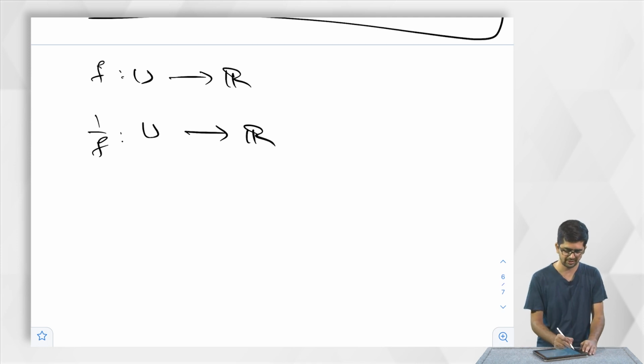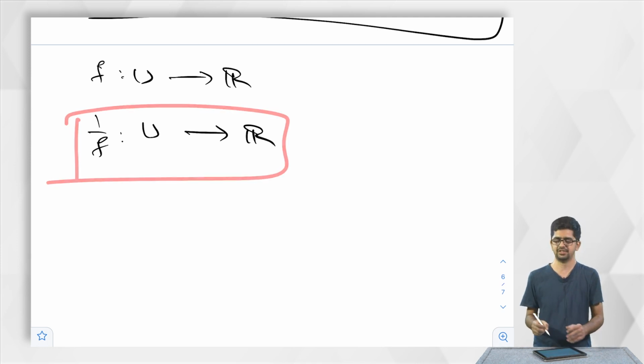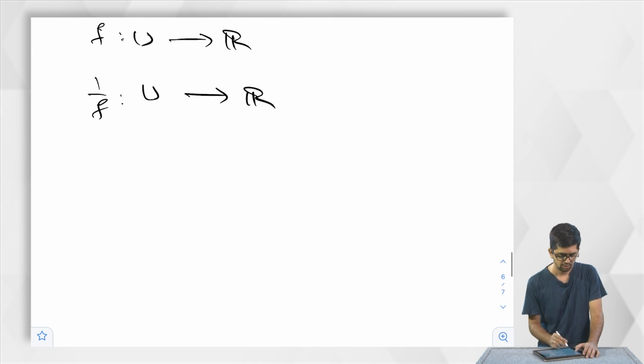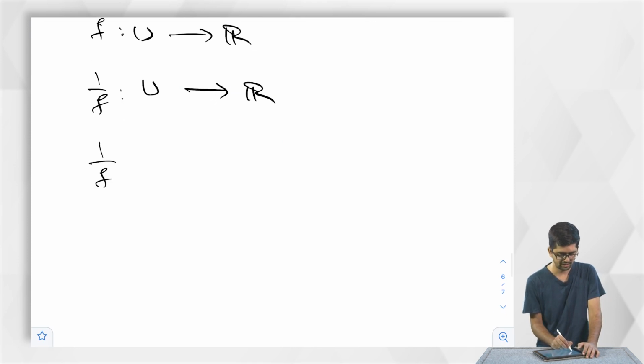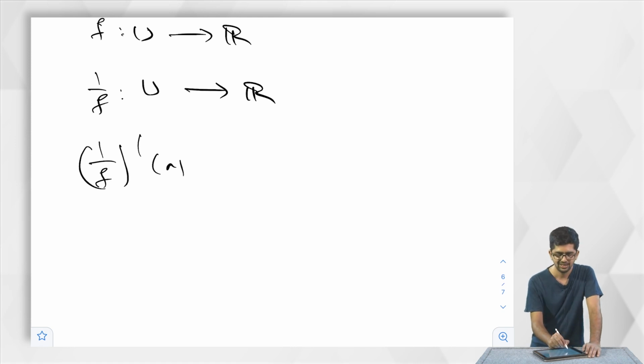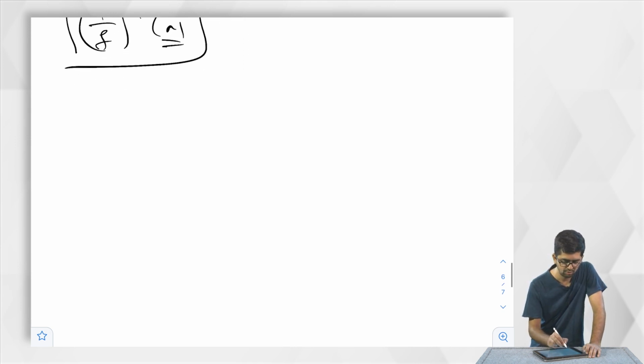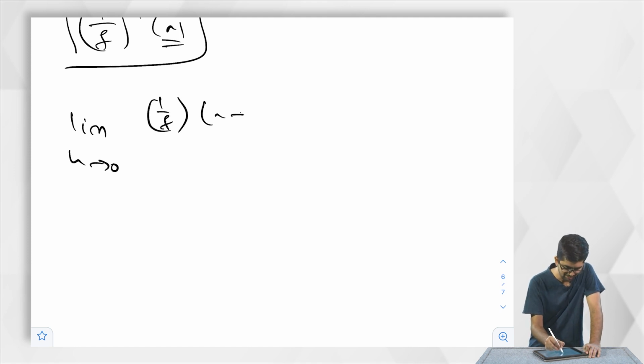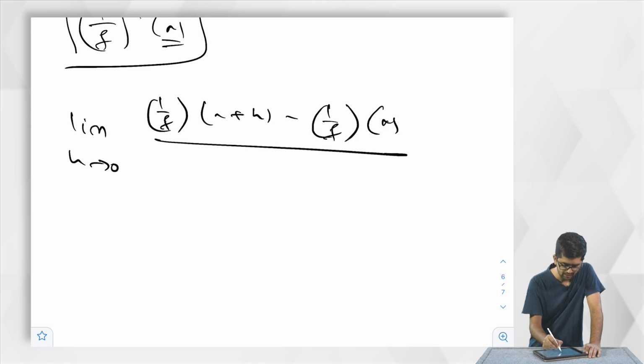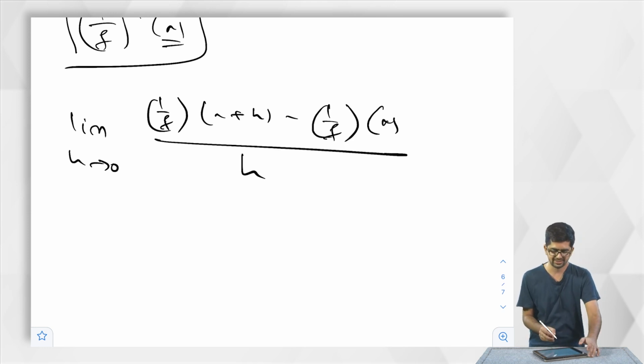At least we will try to see the existence first. So now I am looking for 1 by f dash of a. For this to make sense, we need to know that this limit exists, 1 by f of a plus h minus 1 by f of a by h, this should exist.